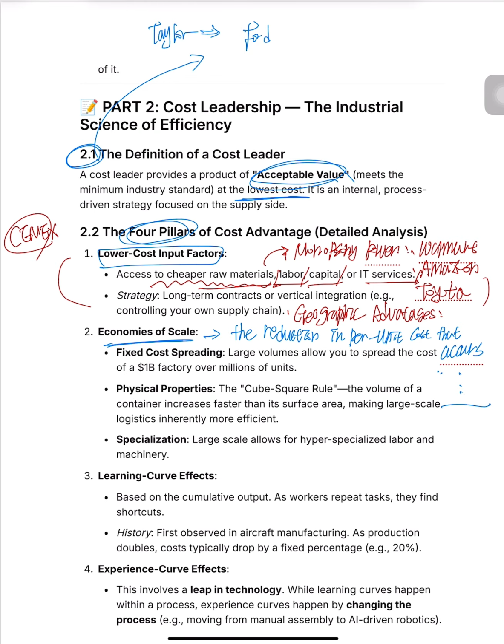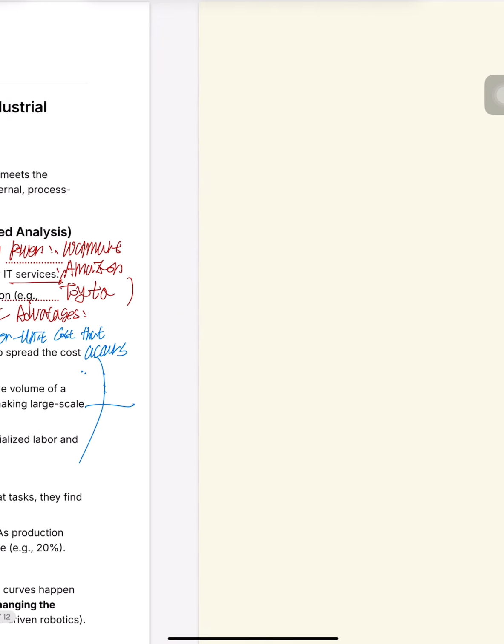The first mechanism is fixed cost spreading. I'm going to explain more with new pages because this is really important, interesting, and really basic. As I explained in previous slides, economies of scale has three distinct mechanisms.